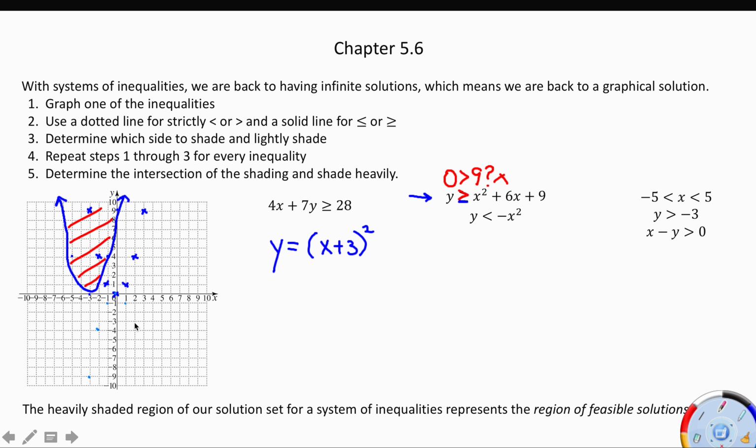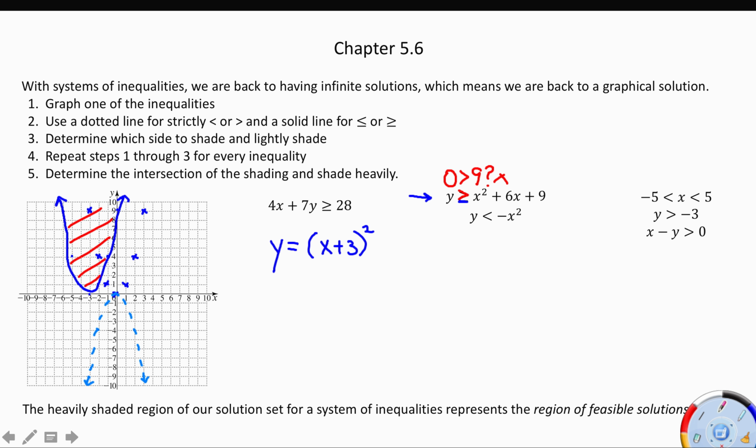We've got that symmetry going here. This time I don't have the equal part, so when I draw my parabola in here, I need to draw it as a dotted curve, because the points on this curve are not included in my solution.